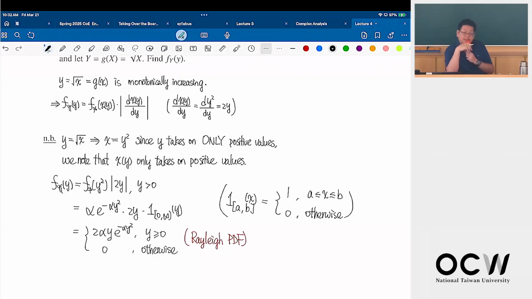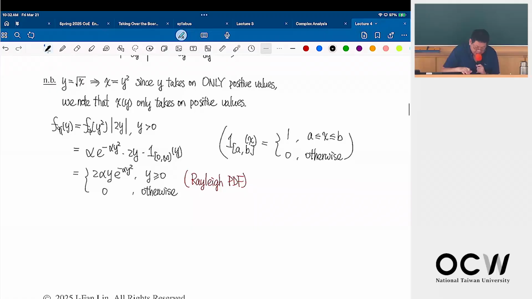Okay, this is the method that we use called the direct PDF method. We can also find the CDF first and then take the derivative to find the PDF. So we can check it.